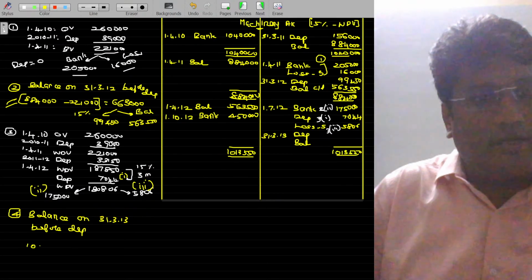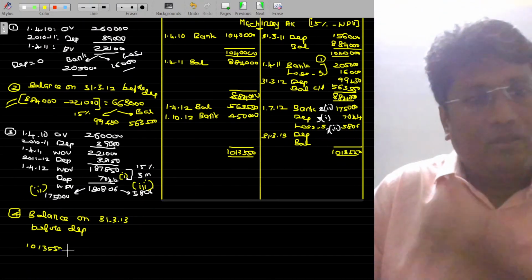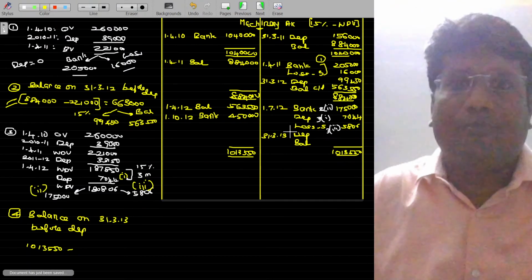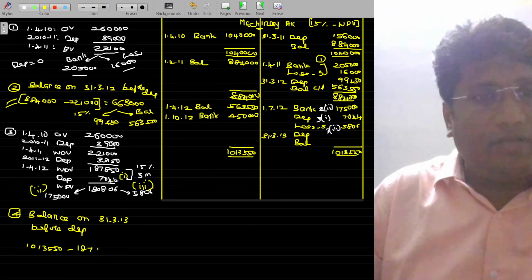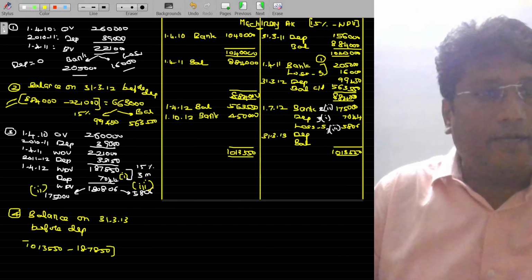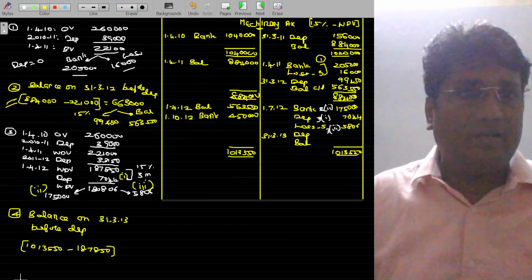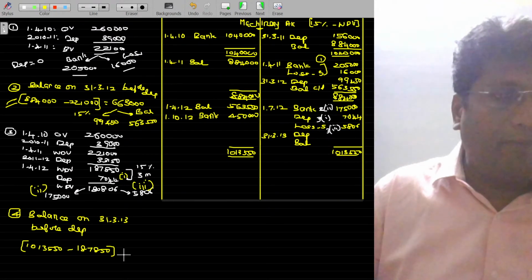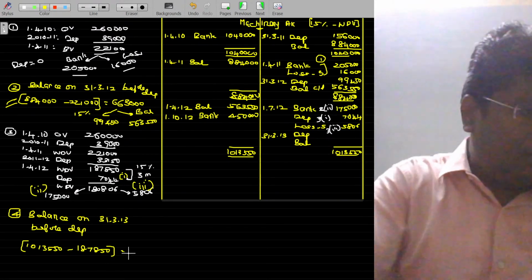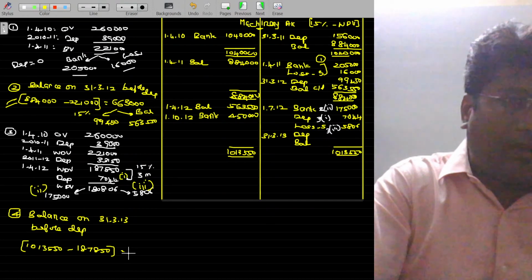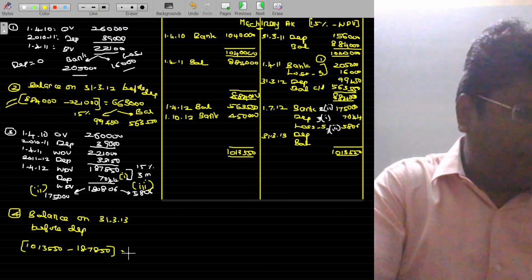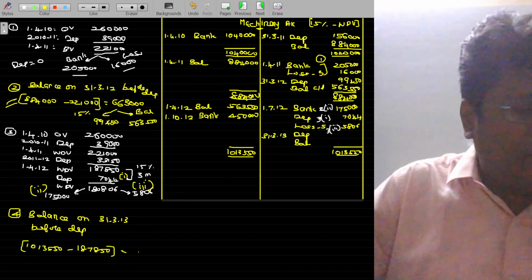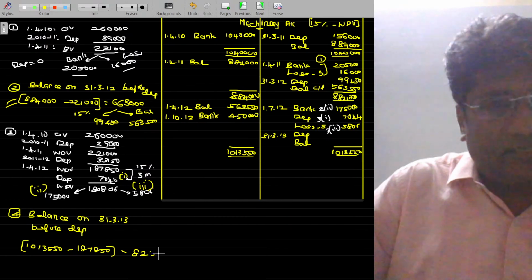So 10 lakhs 13,550 minus bank depreciation, loss on sale, all the value put together, the value being 1,87,850. Isn't it? 1,87,850. What is the balance then? Yeah, 10 lakhs 13,550 minus 1,87,850. So the balancing figure is 8,25,700. Am I right?